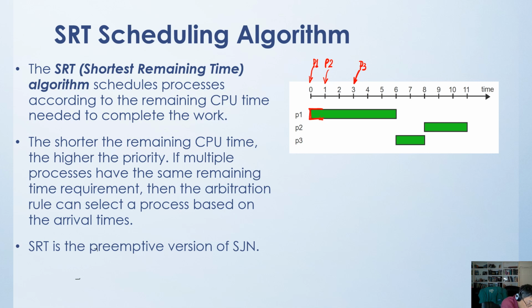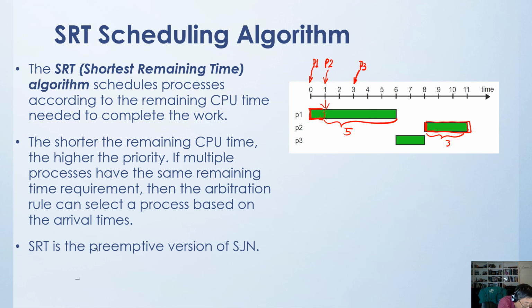But when P2 arrives at time 1, we find out P2 has only 3 time units of CPU time. What about P1? P1 has completed 1 time unit, but the CPU time is 6 time units, so there are still 5 time units left. Now compare with 3.